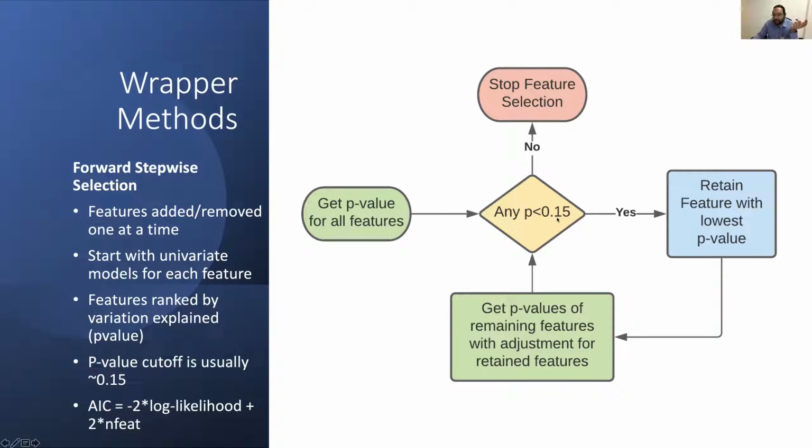If none of them have significance, then you stop and you've only selected one feature. But if there is something still significant, then keep the one that's the lowest and add it to this list of retained ones. And now you're going to train n minus 2 models and select by p-values again. You do this over and over until nothing's significant anymore. And now, in principle, what you're left with are all those retained features that were significant.